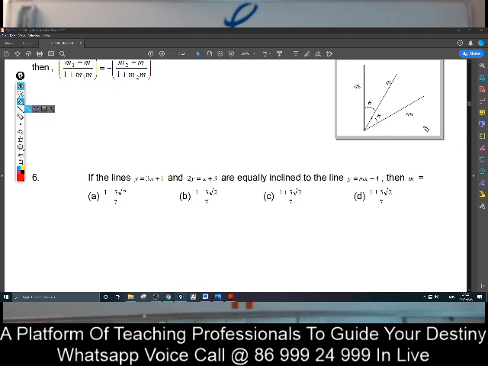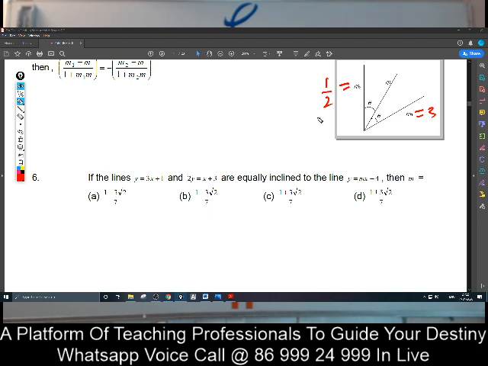M1 for the first line is 3. M2 for the second line is minus 1 by 2. M1 given, M2 given. Now you have to find out M. This is M here.